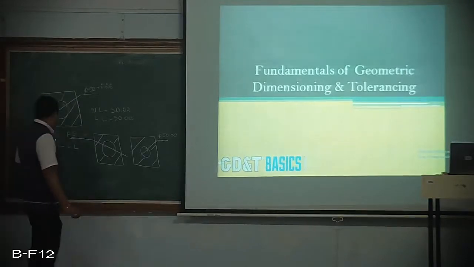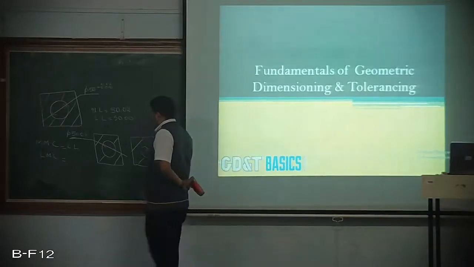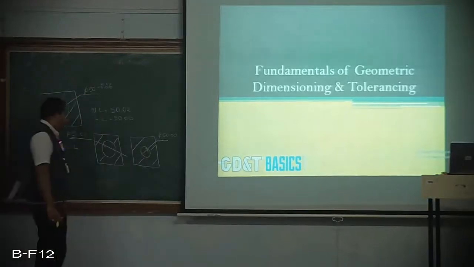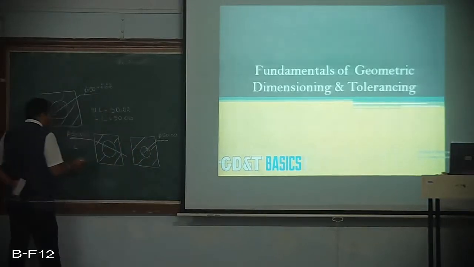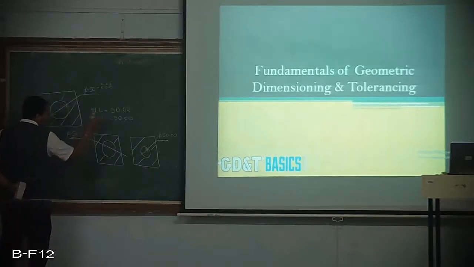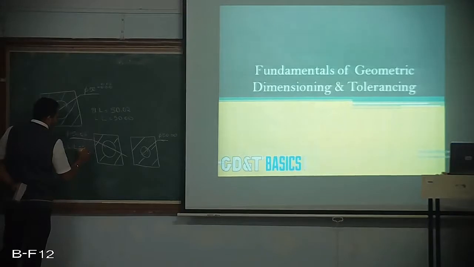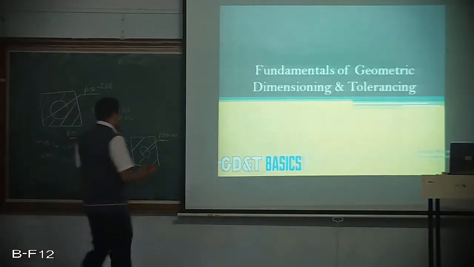And the lower material condition, or the minimum material condition, is the condition where the amount of material left in the square plate is minimum. When the hole is finished to maximum, that is when the hole is finished to upper limit, that will become the lower material condition. Is that clear? This will be 50 and this will be 50.02. So it is vice versa of the shaft.